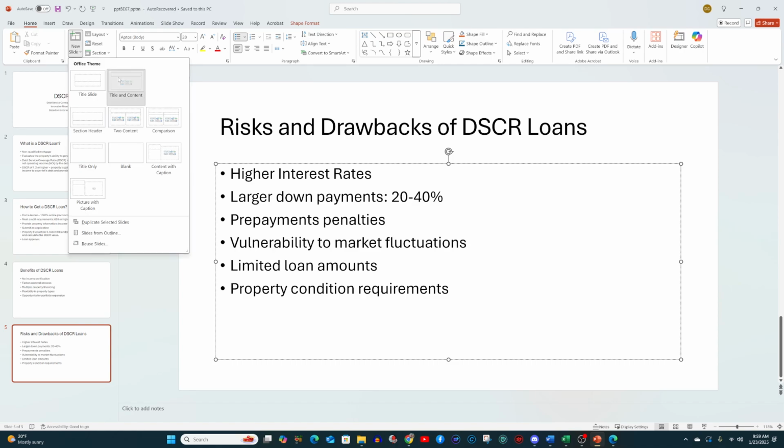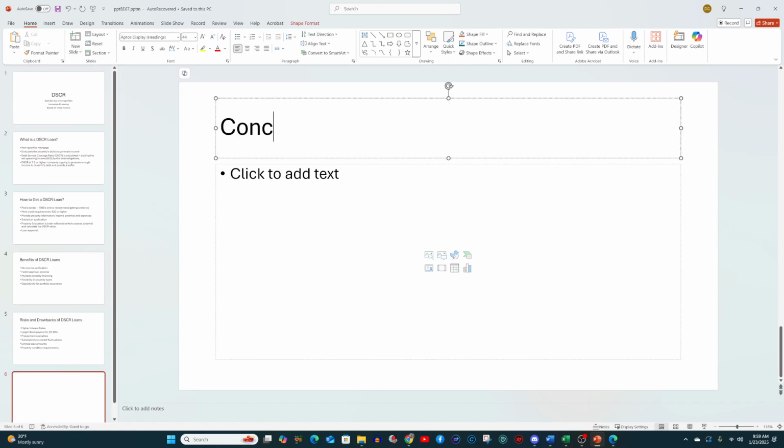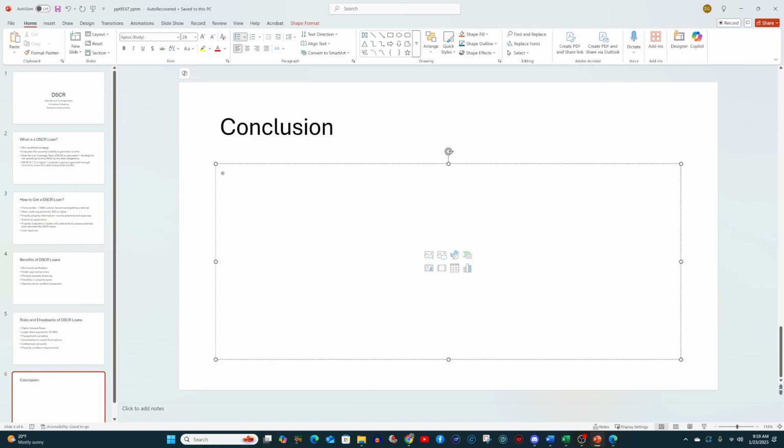So, in conclusion, DSCR loans offer a unique opportunity for real estate investors to get into real estate investing, expanding your portfolio, not having to rely on personal income for qualification, but it is important to consider the higher costs and potential risks.